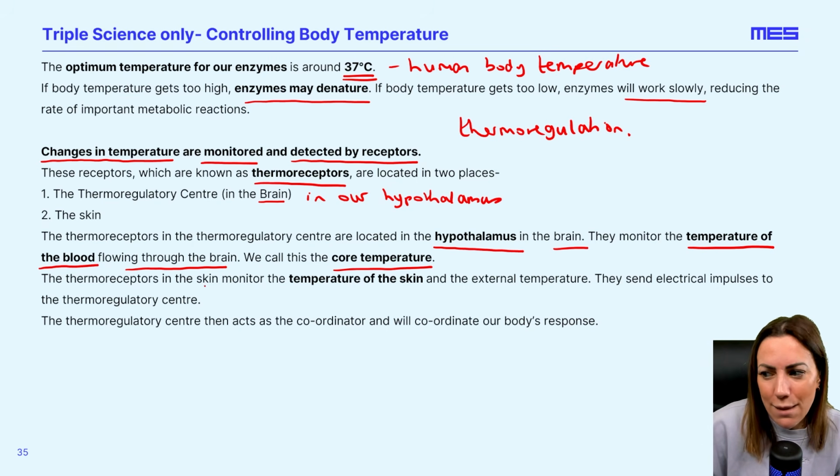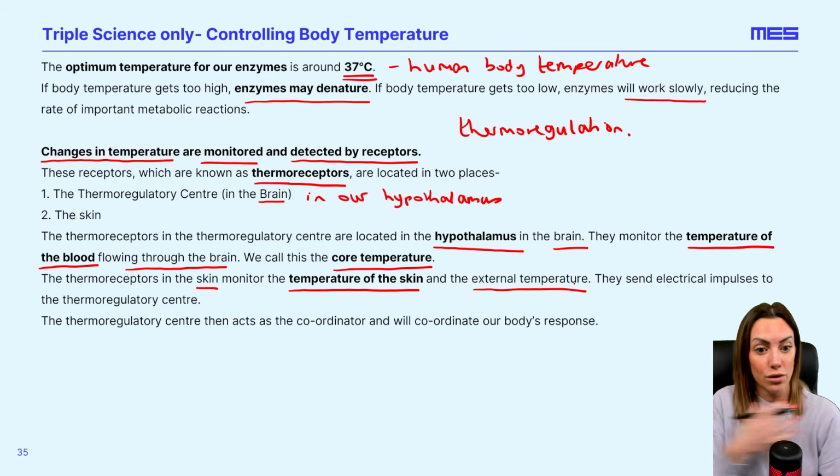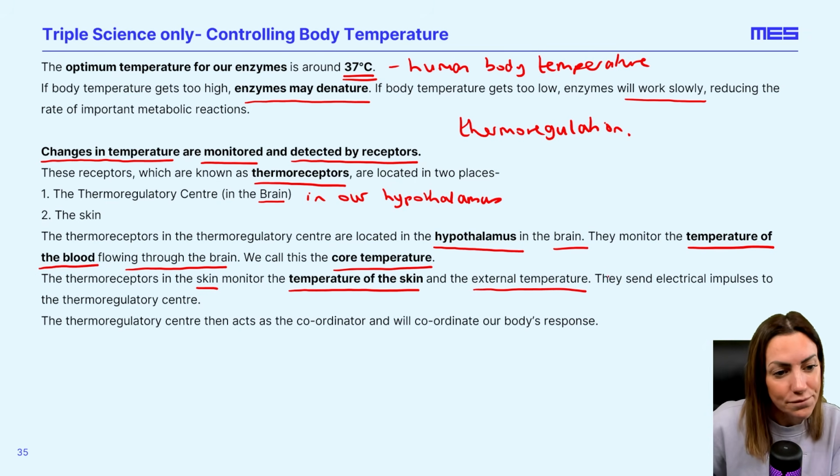Now, the thermoreceptors in the skin monitor the temperature of your skin and the external air temperature, and they will send electrical impulses to the thermoregulatory center.